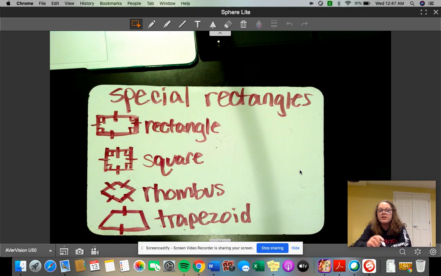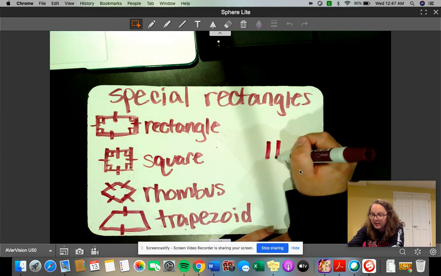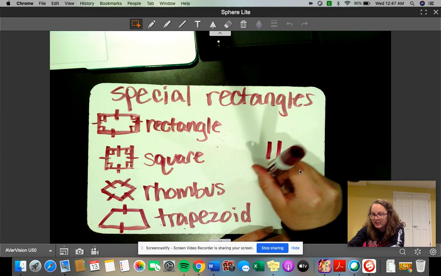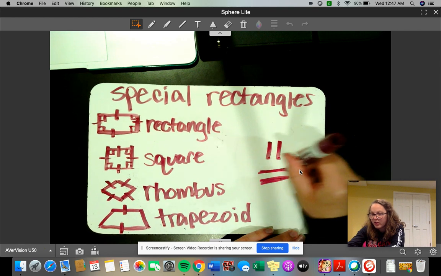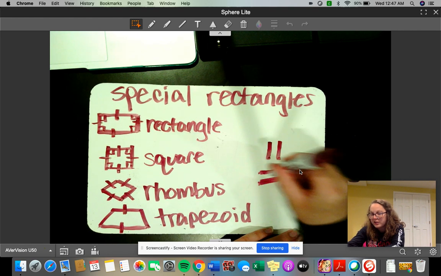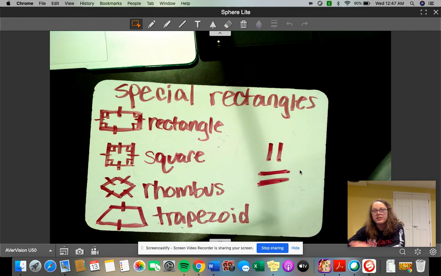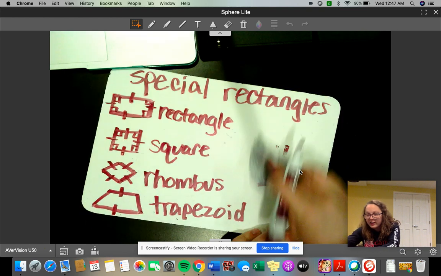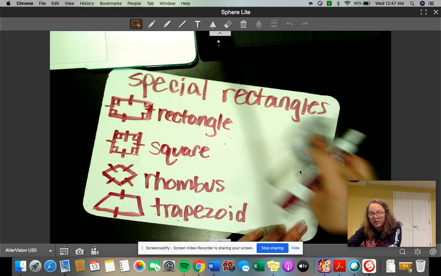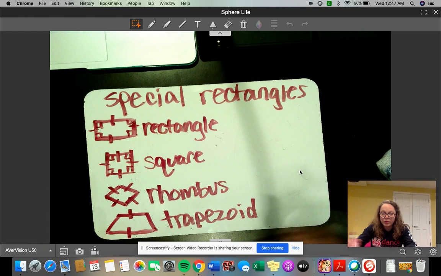And parallel means that they are across. They go like this or like this. Those are parallel lines. They're never going to cross each other. They run side by side. So that is how you can tell a trapezoid: it has 1 set of parallel lines.